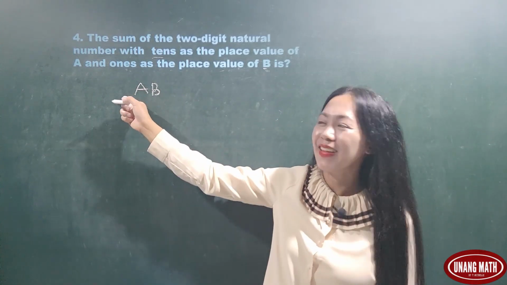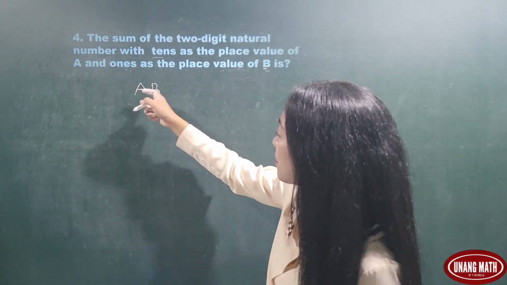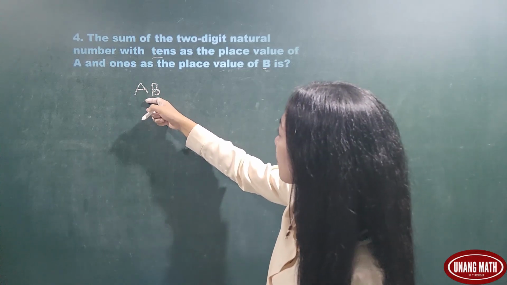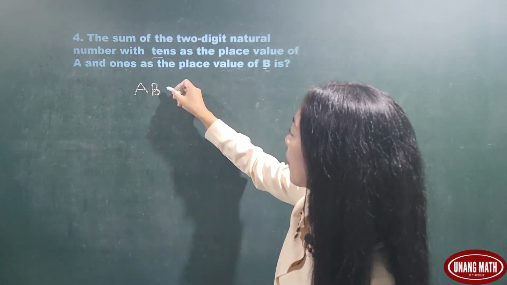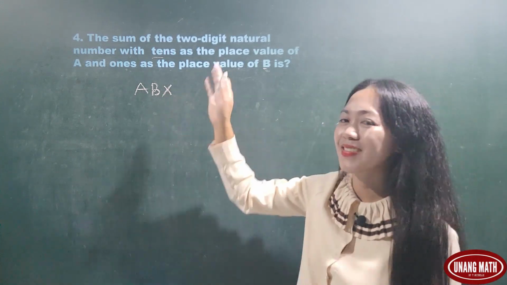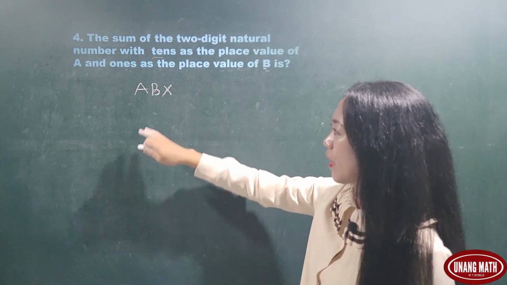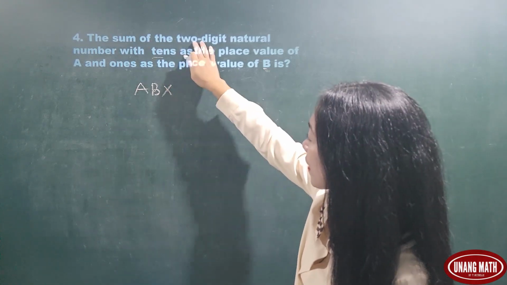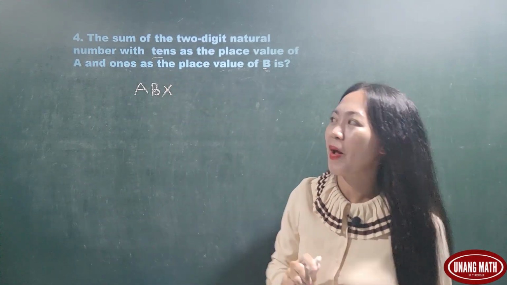But we cannot write it this way, AB. This is not the correct representation for this problem. In our next episode, I will be explaining why this is not the correct representation.